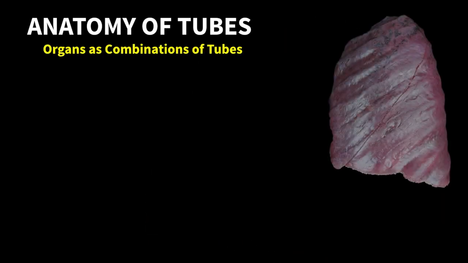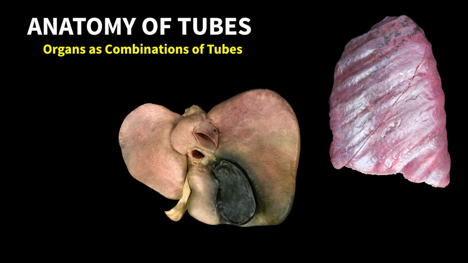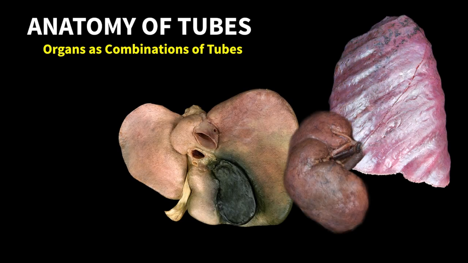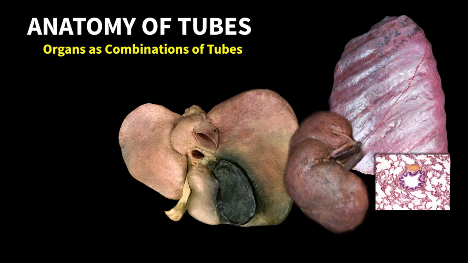Furthermore, organs that people might consider to be solid organs are in reality intimate, intertwined masses of tubes. For example, the lung is a large branching network of air-filled respiratory tubes and an intimately associated network of blood vessels.